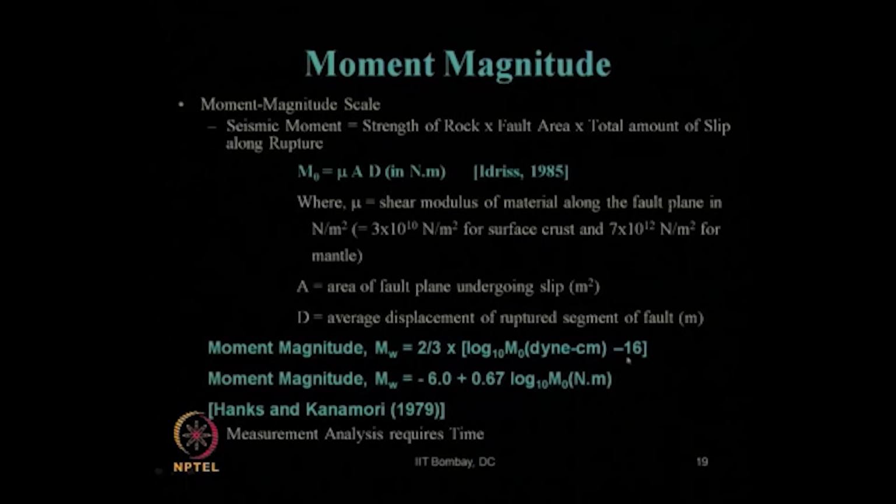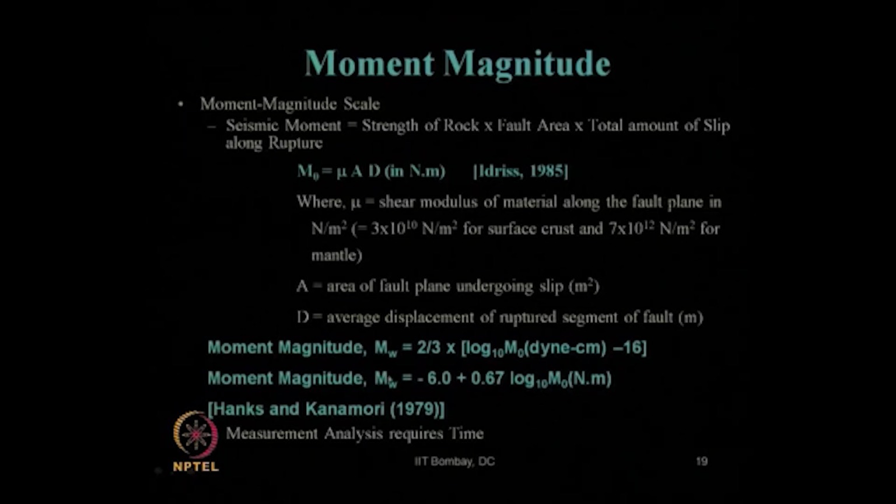Another expression, the same expression actually, when you are using the seismic moment in the Newton meter unit, takes the form Mw equals minus 6.0 plus 0.67, or 2/3, times log to the base 10 of M naught, when M naught is in the unit of Newton meter.